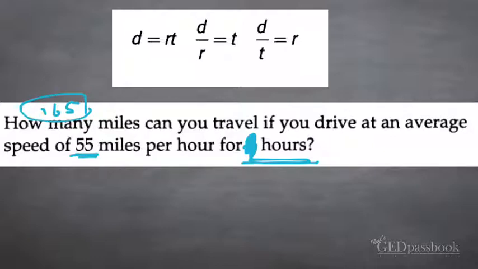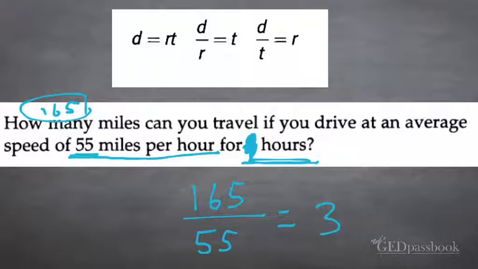I rephrased the question: if you traveled a distance of 165 miles, and your speed was 55 miles per hour, how many hours did you travel for? 165 is the distance. What is the rate? The rate is still the same, your speed, which is 55 miles per hour. So do you divide that? Exactly. And just like that, you'll find your t. If you divide 165 by 55, you end up getting 3, which was correct.